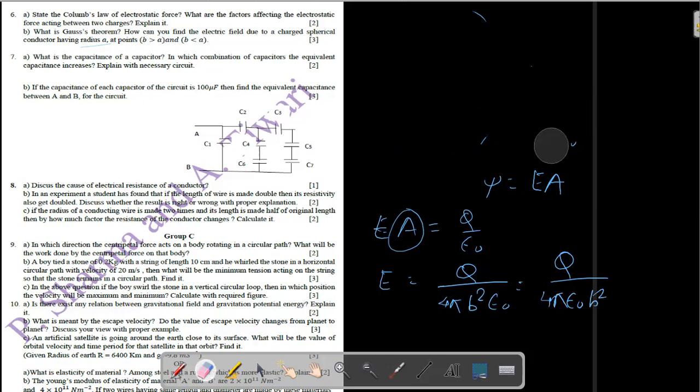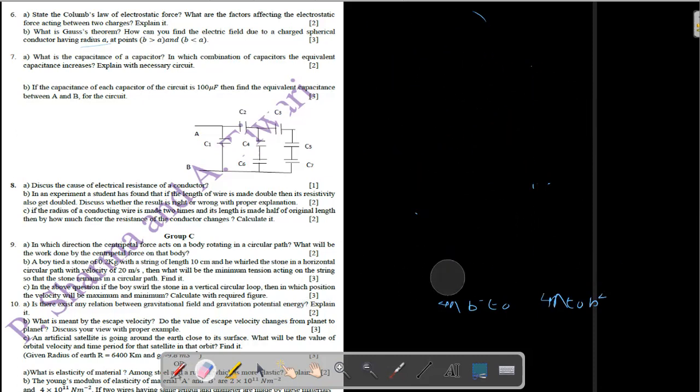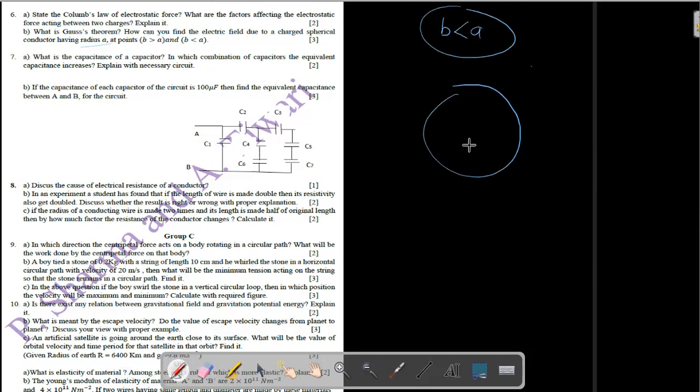And the next case is very interesting, because in this case you do not have to find out all of this. Here you can see the point lies inside, where we have to find the electric field inside the sphere, because a is the radius and b is less than a.